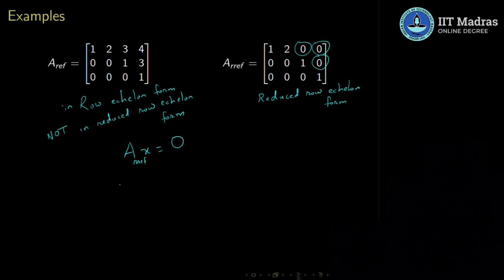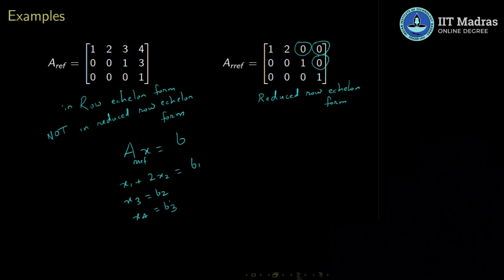We write down again the system of equations. So x1 plus 2x2 is, let us do the general case, let us do b. So this is b1, and then x3 is b2, and then x4 is b3.